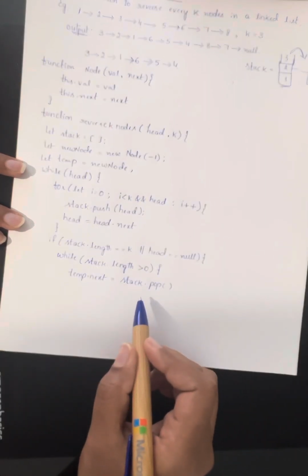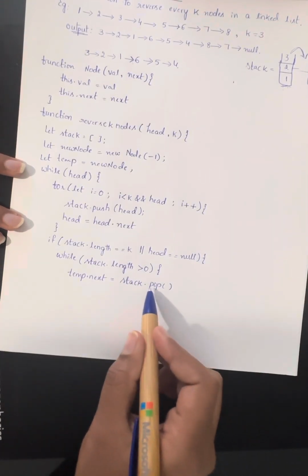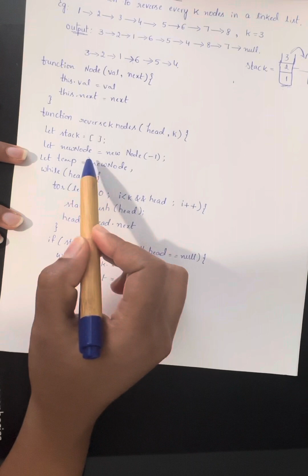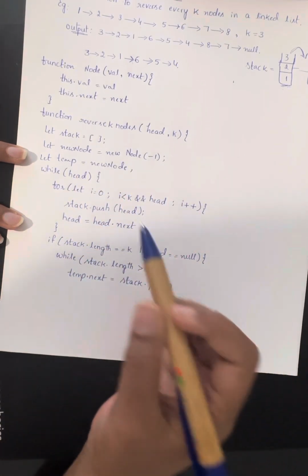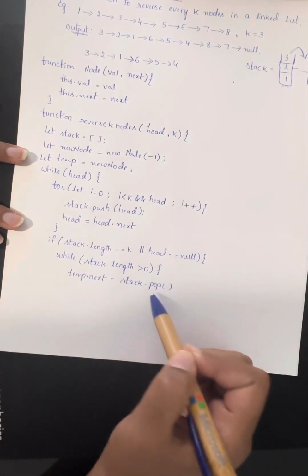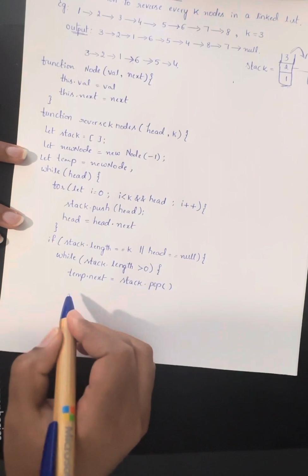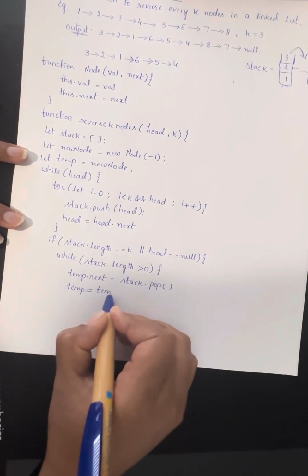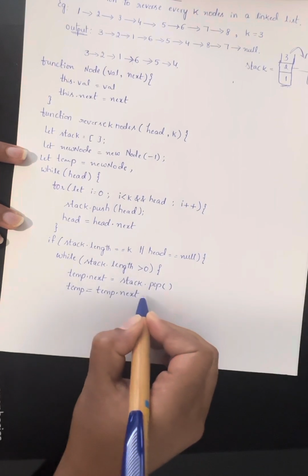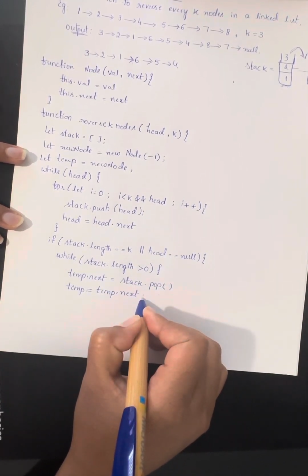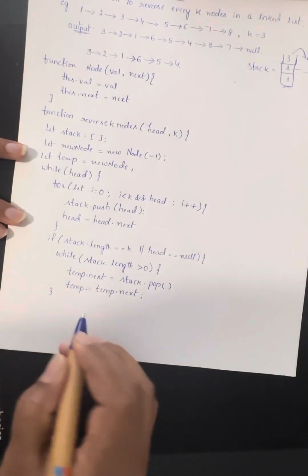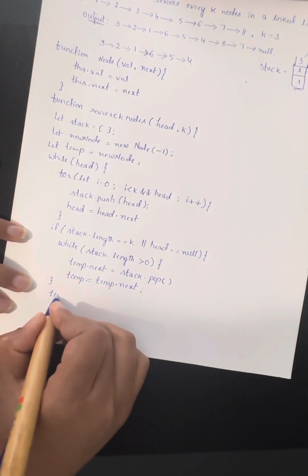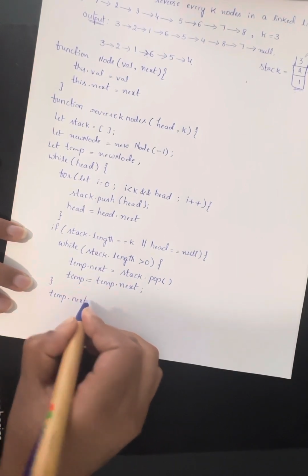Which means I am going to pop the last element from the stack and assign it to temp.next. In temp we have the first node as this new node, which is the dummy node that we created, and I'm making its next equal to the last element in the stack, and then I'm making temp equal to temp.next. And temp.next equals head.